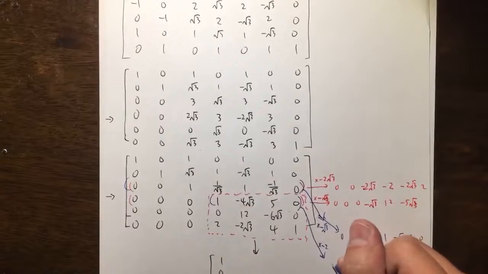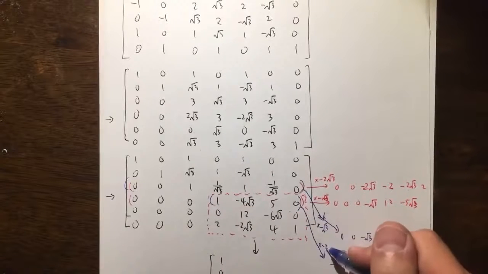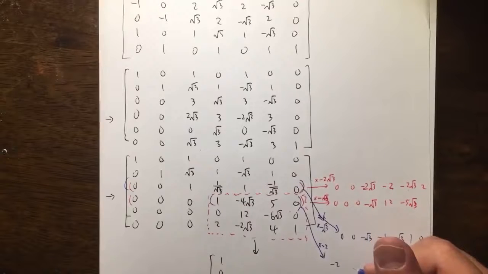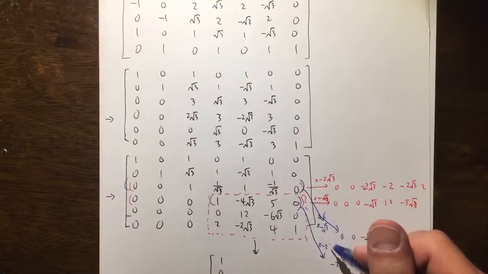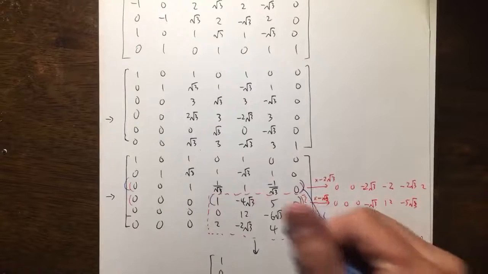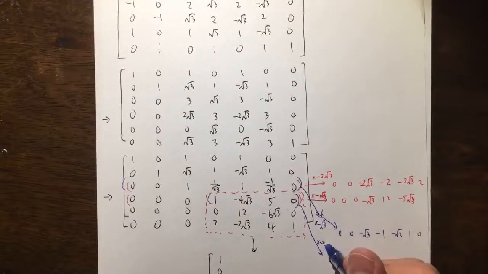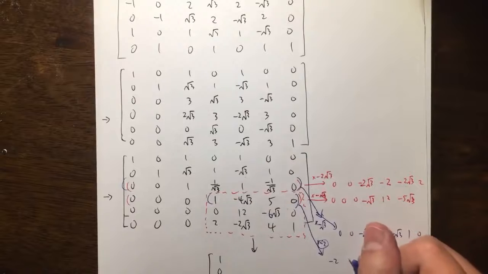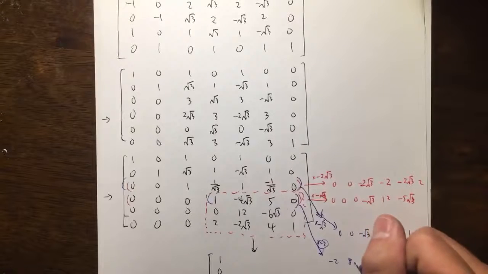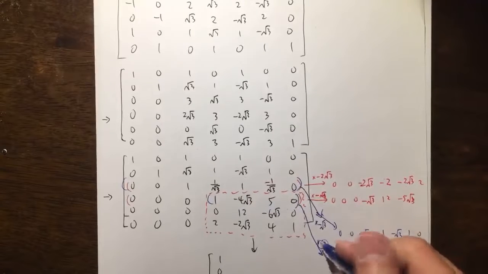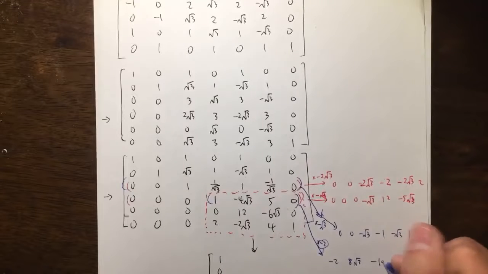1 times negative 2 is negative 2, and negative 2 times that is going to be negative 8, right? No, sorry, multiplying negative 2 times that is positive 8 square root of 3, and multiplying negative 2 with that is going to be negative 10.